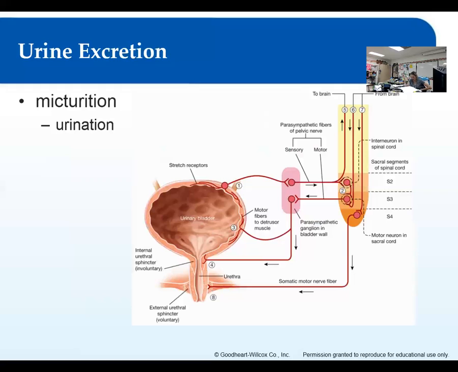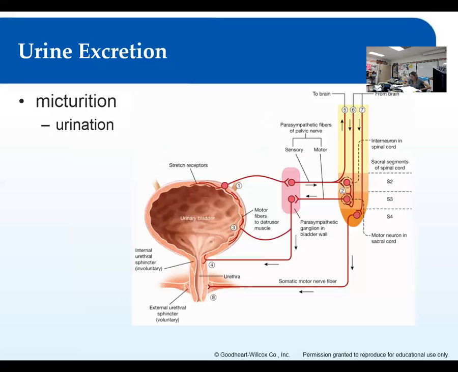If the time is right for urination, nerve impulses are sent from the brain to the sacral spinal cord. From the sacral spinal cord, the nerve impulses travel to the external urethral sphincter, signaling it to relax. So whenever you go to the bathroom, it signals your external sphincter muscle to relax. And I think I may have said that backwards earlier, but anyways, it relaxes and expels urine.